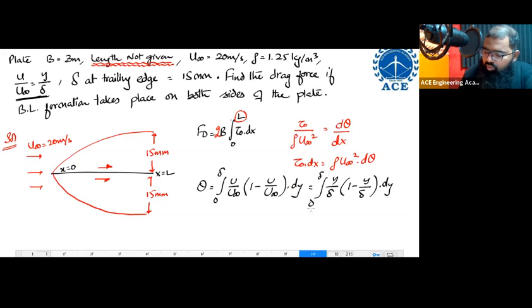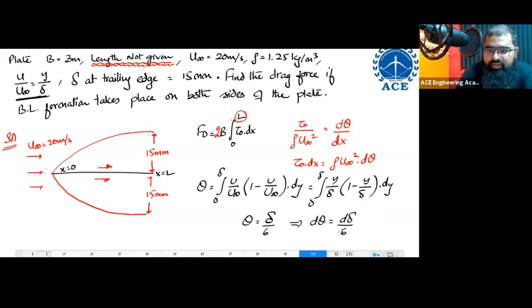If you do this very simple integration, you will get theta is equal to delta divided by 6. If theta is equal to delta divided by 6, then d theta is equal to d delta divided by 6.